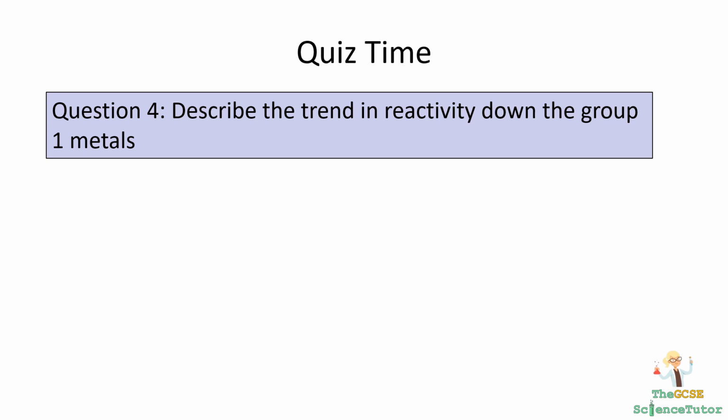Question 4. Describe the trend in reactivity down the group 1 metals. Remember, describe just means what is happening. You don't have to give reasons for your answer. As you descend the group, the metals get more reactive.